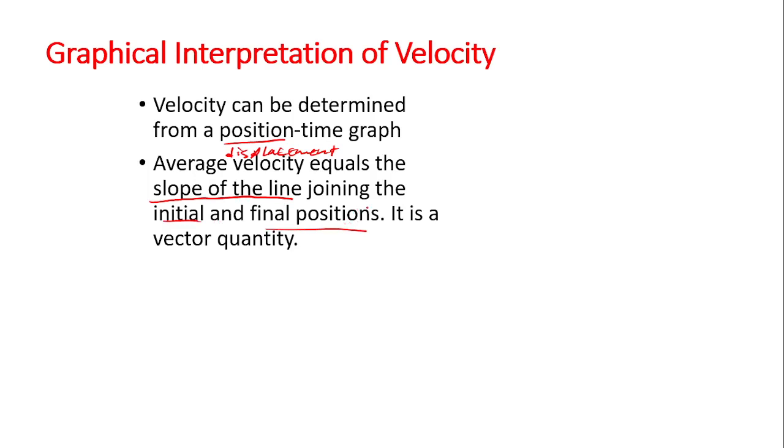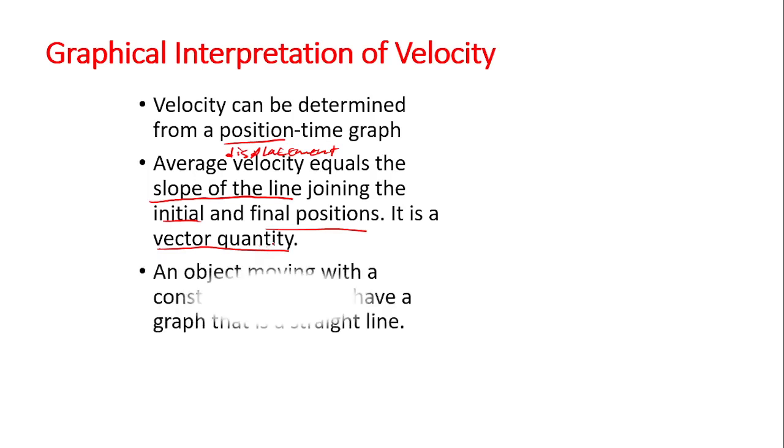Now, another thing that you need to understand is velocity is a vector quantity. That simply means that you need to consider the signs and direction. An object moving with a constant velocity will have a graph that is a straight line. Get that?